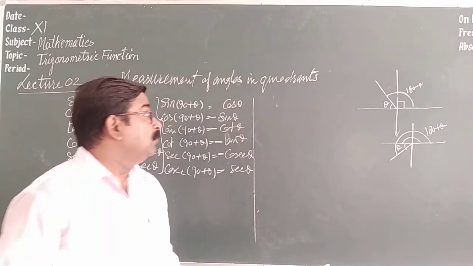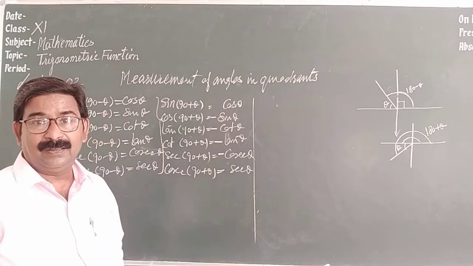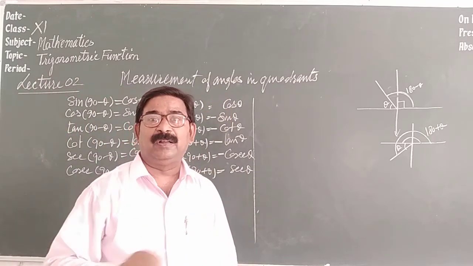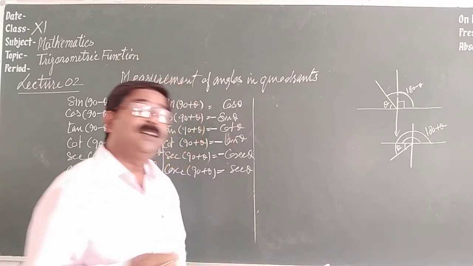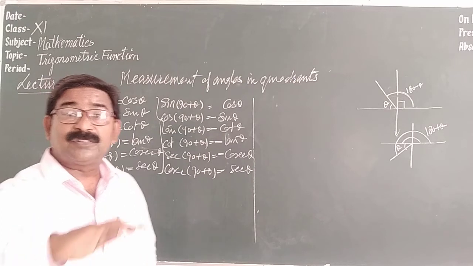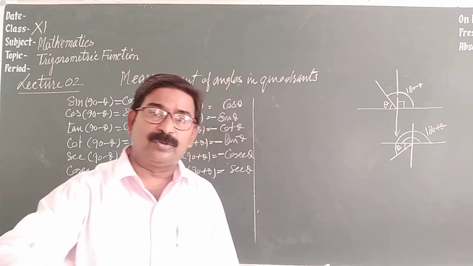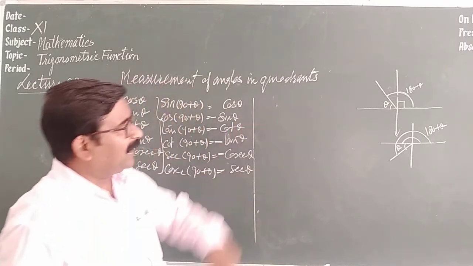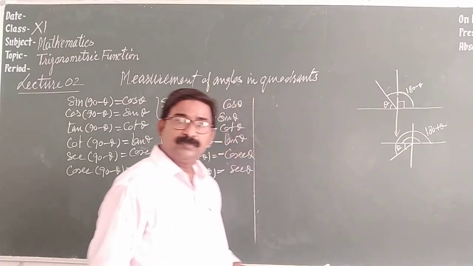But when we move through 180 degrees, the ratio converts into itself. Like sine converts into sine, cos converts into cos, tan converts into tan, cot converts into cot. See, I am giving the idea of this angle 180 minus theta.